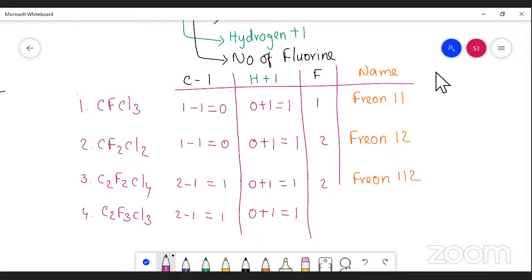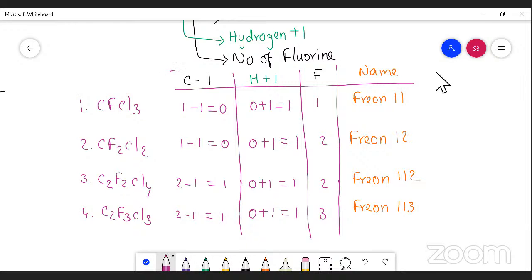And number of fluorine here? How many fluorine here? It is actually 3. So C2F3Cl3. What is the name? It is freon 113. Correct? Freon 113. So these are the names of freon.